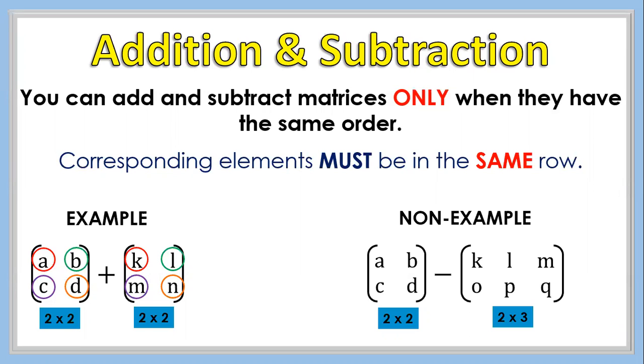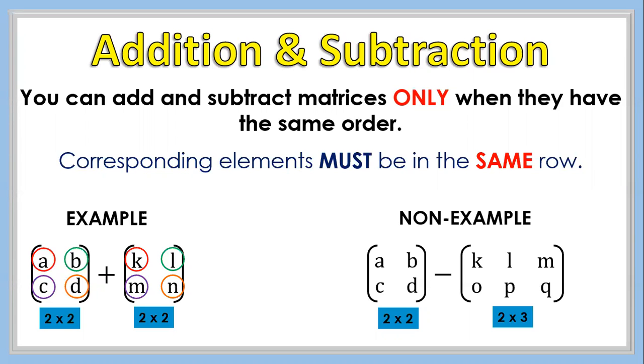Please recall that we can add matrices if and only if they are of the same order. Are these two matrices of the same order? No, they are not. And also, corresponding elements must be in the same row.